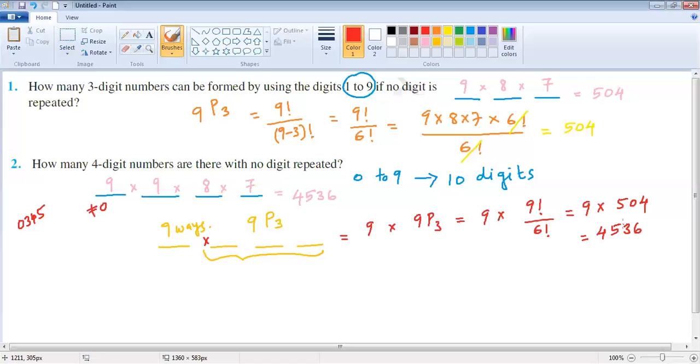That is the number of permutations of 9 objects taken 3 at a time. We chose permutation because order is important: if we write 3 4 it is 34, and 4 3 is 43. It is different. Order is important. So 9 into 9P3, which is 9 into 504, which is 4536. That means 4536 4-digit numbers are there with no digit repeated.